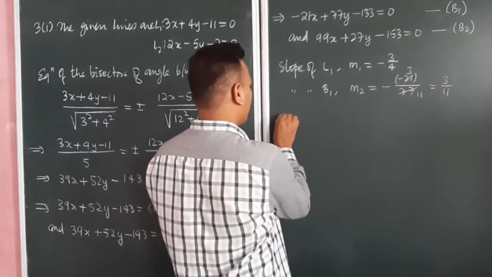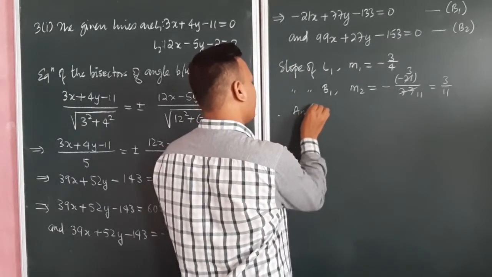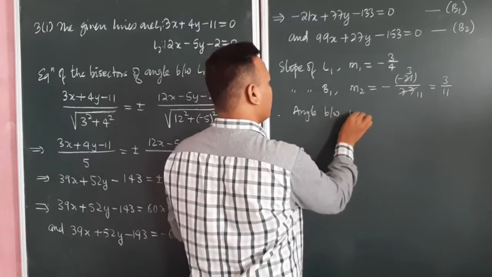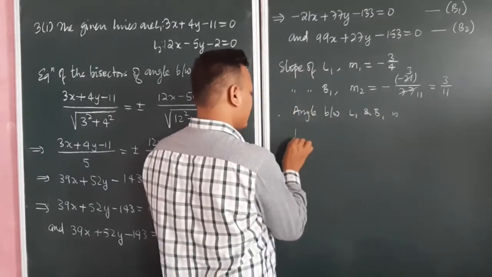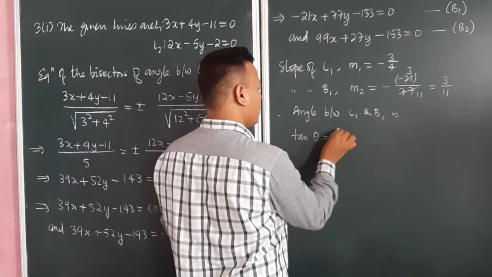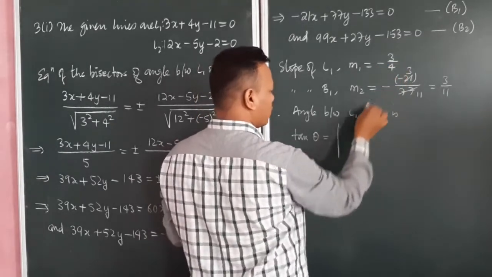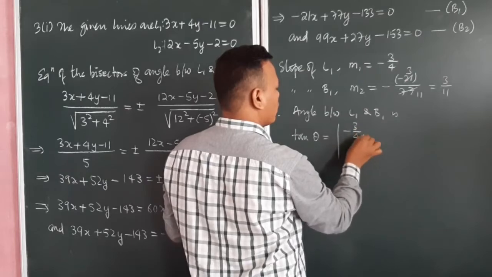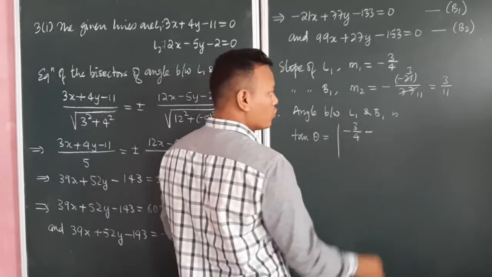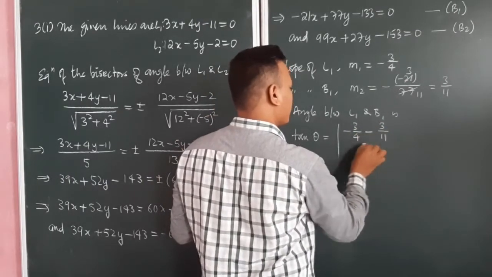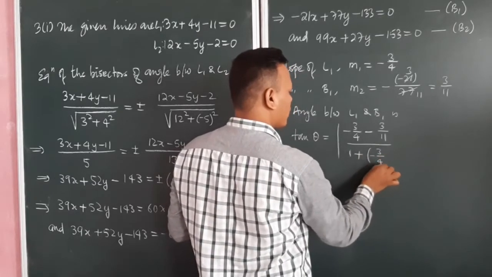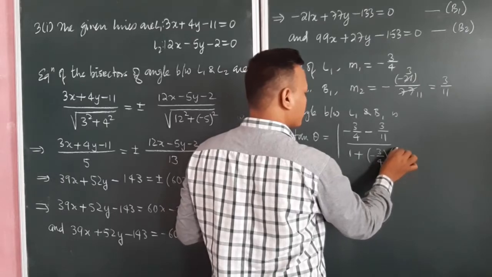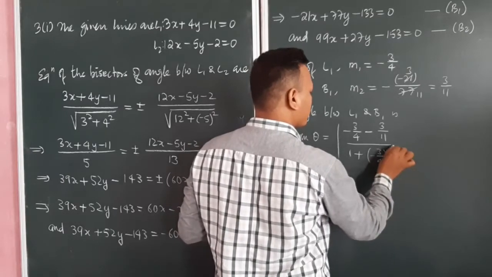Therefore, the angle between L1 and B1 is given by tan theta. The formula says M1 minus M2, where M1 is minus 3 by 4 and M2 is 3 by 11, whole divided by 1 plus M1 into M2, that is minus 3 by 4 into 3 by 11.